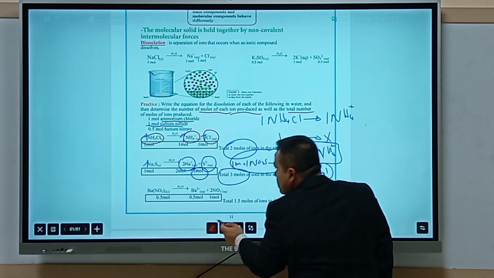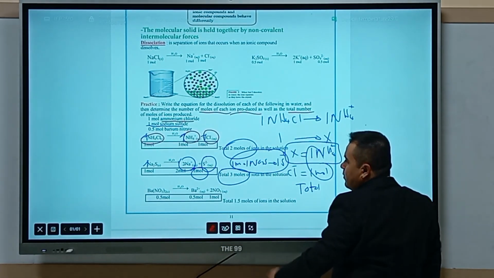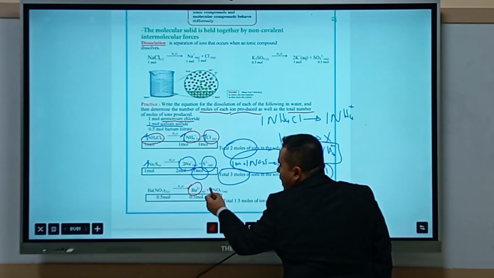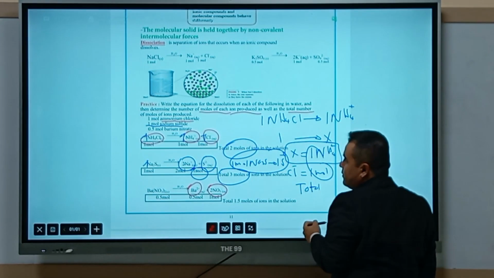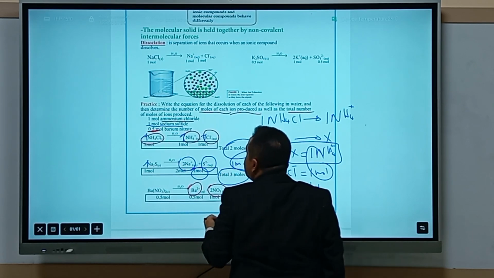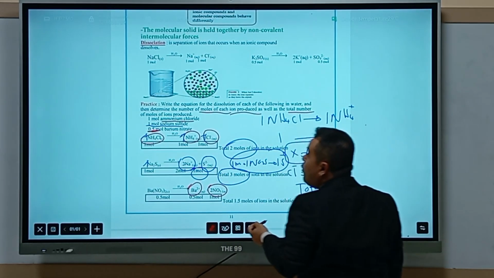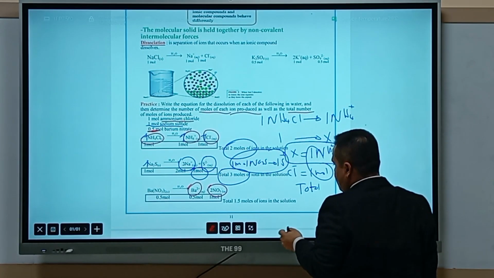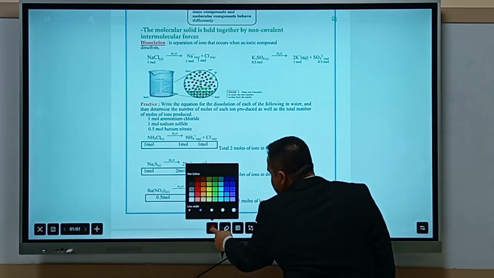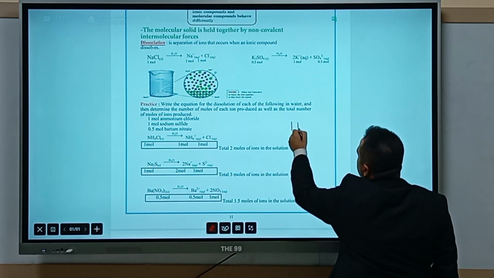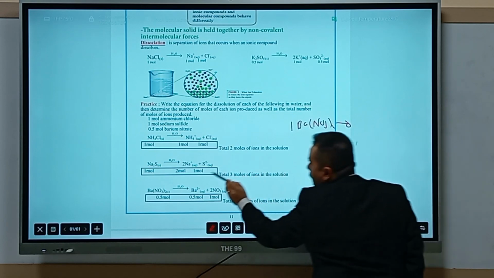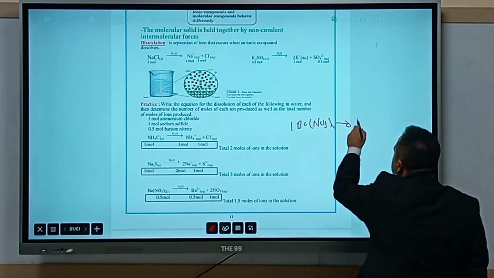The last one is about barium nitrate, which dissociates into barium and 2NO3 negative. But it requires us to write the total moles of ions for 0.5 mole of barium nitrate. Guys, to solve it, the same procedure as the others. 1 Ba(NO3)2 will produce how many Ba? 1.